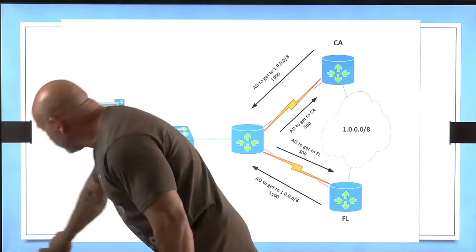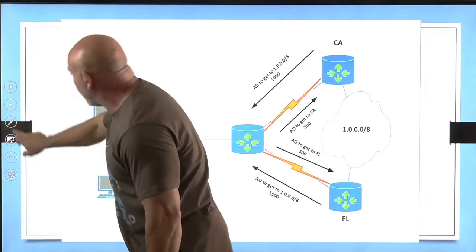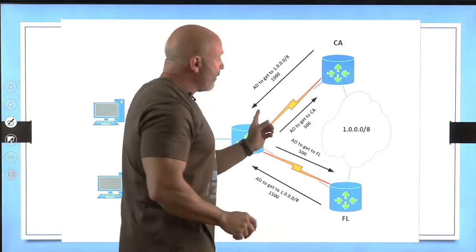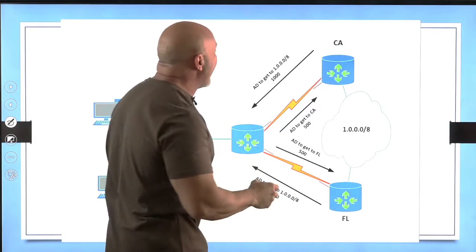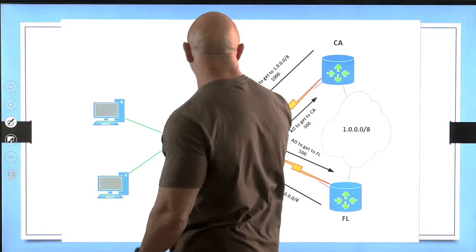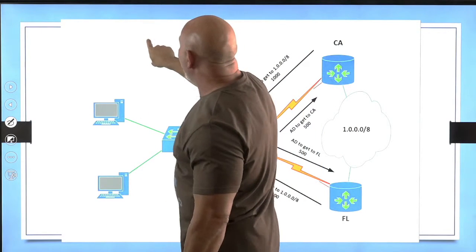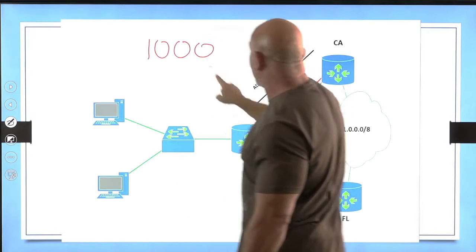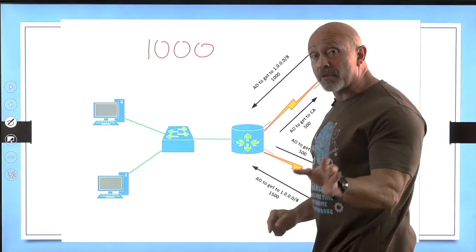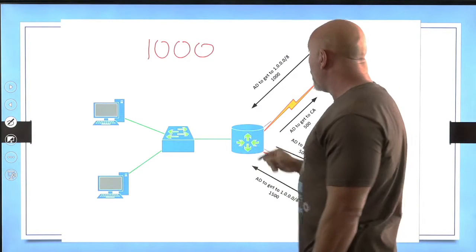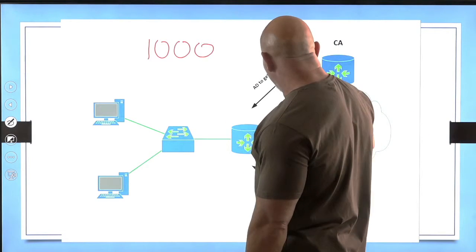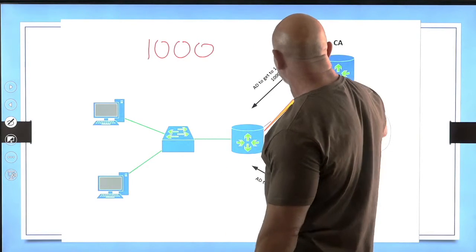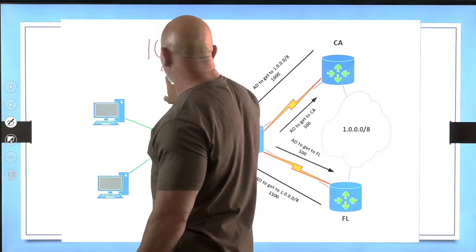You're going to come here and get the pen out. So you're going to say, if I go through California, what happens? Well, I'm going to take that 1,000 that my neighbor is advertising to me. That is the advertised distance, not the administrative distance, plus my metric to get to California, which is 500.